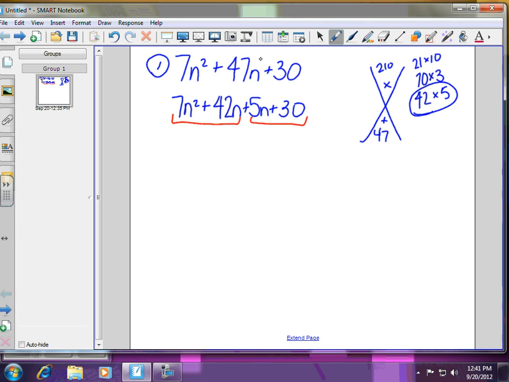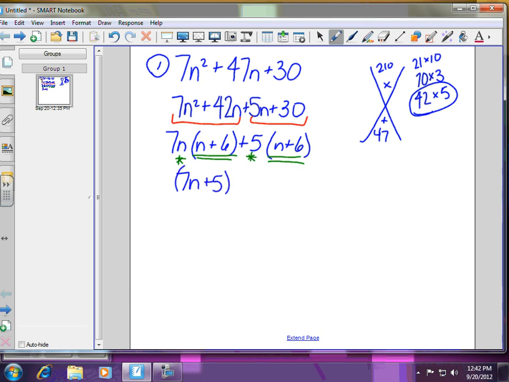And what we will find is the common factor of 7n, parentheses n plus 6, plus 5 is a common factor, and n plus 6. So then again, we have these twins and these little extras, okay? I'll put a little asterisk so you don't think I'm multiplying or something there. Okay, so my factors are going to be 7n plus 5 and n plus 6.